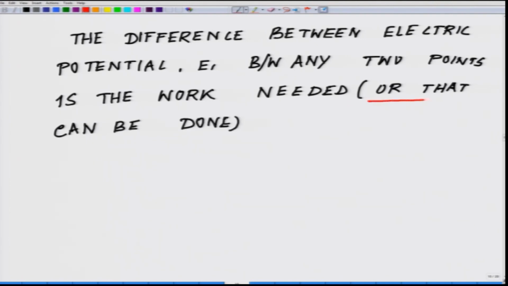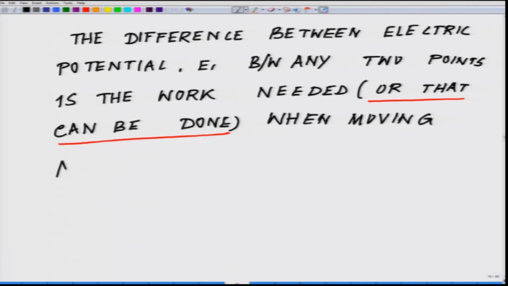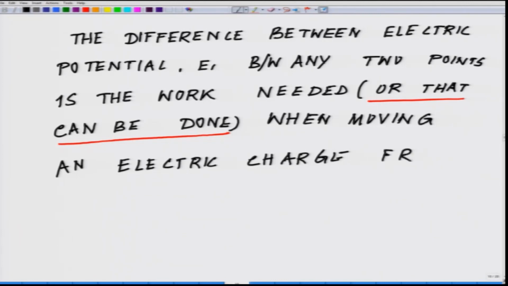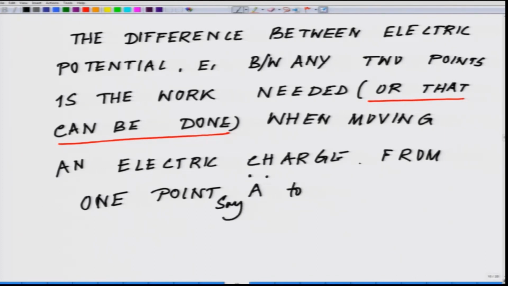So, let us highlight that part or underline that part, that can be done when moving an electric charge from one point, say point A, to the other.